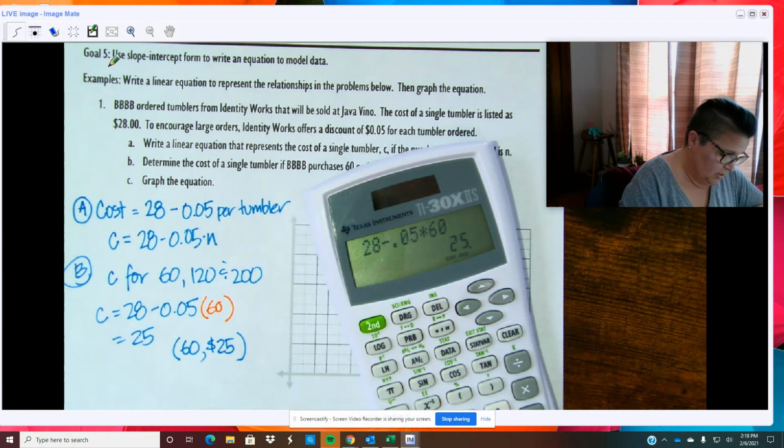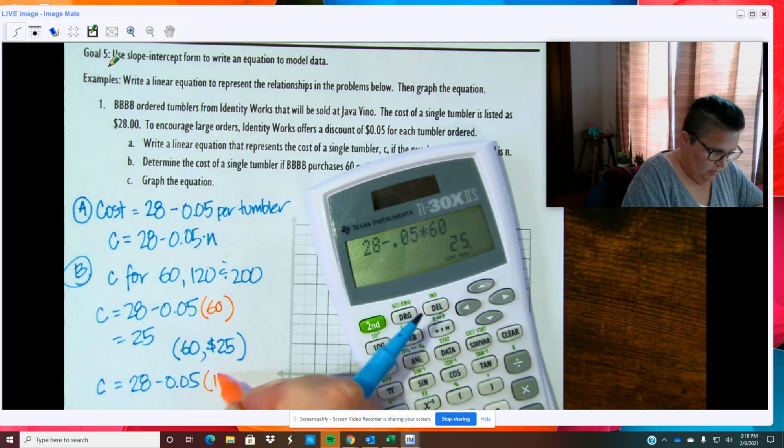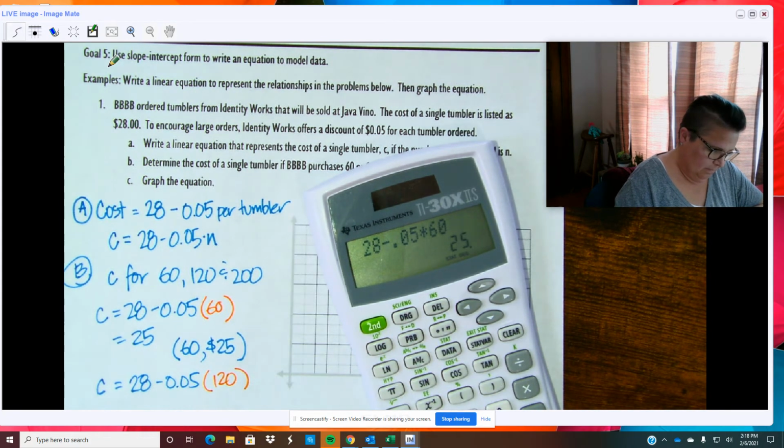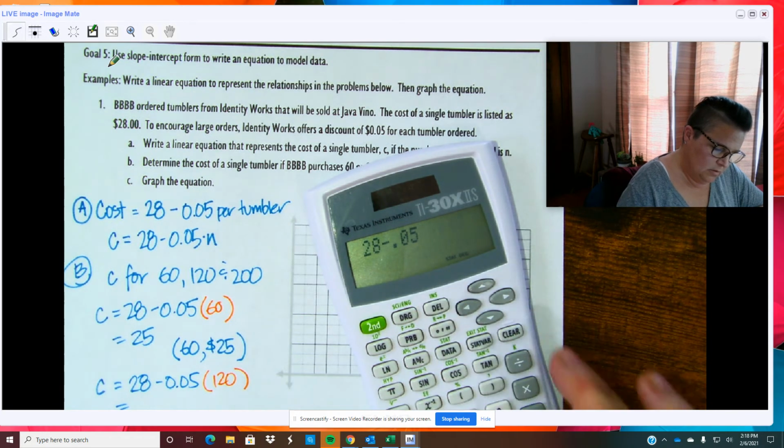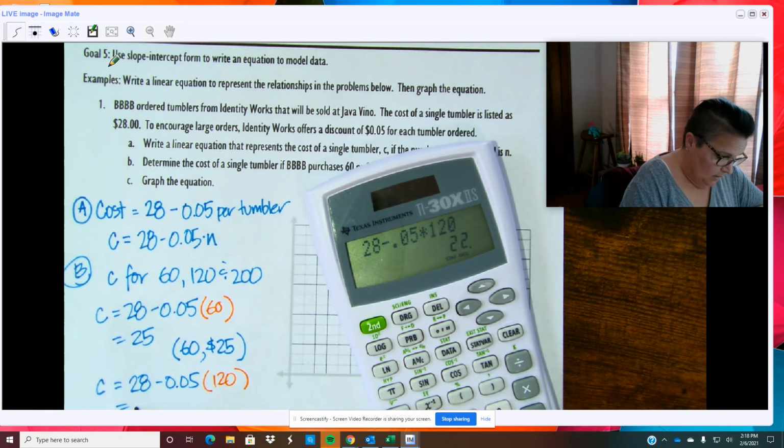All right, that's good. What about for 120? For 120, that would be 28 minus 0.05 times 120. So 28 minus 0.05, whoops, delete, times 120, and we get $22 each.